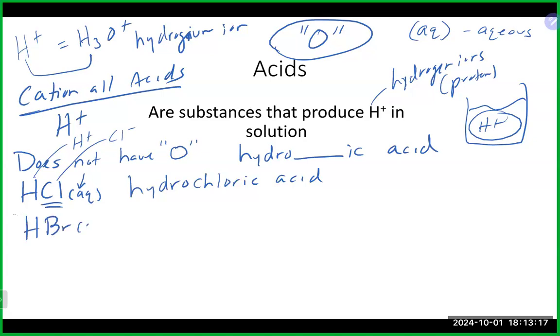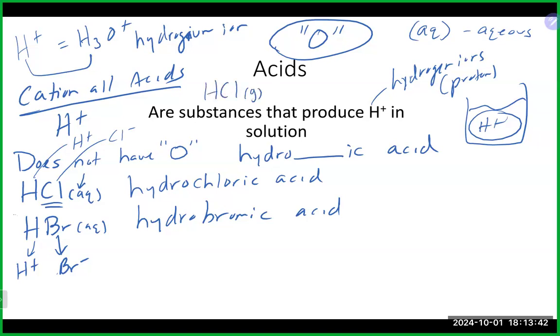HBr, aqueous. That is hydrobromic acid. Also, cation here, H plus, anion, Br minus in this case. The reason we use the aqueous symbol is that if I had HCl that was a gas, that is known as hydrogen chloride gas.